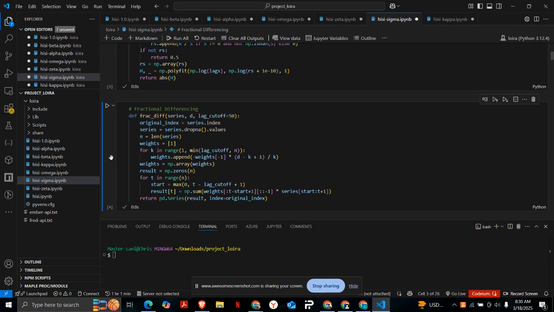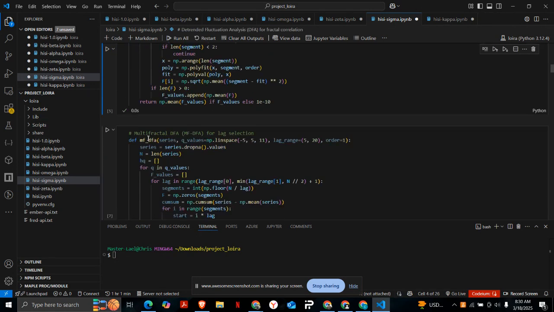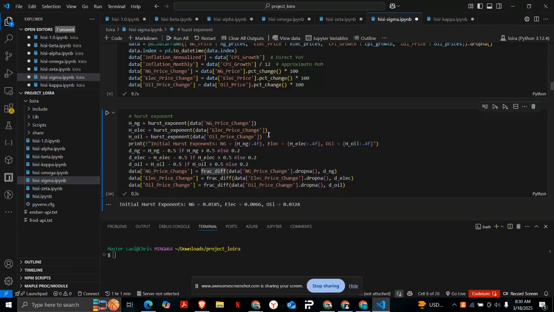But fractional differencing does this while also maintaining the long-term memory of the time series. Then I've already explained the purpose of DFA and MFDFA, which I'm using to select my lag values. So that is my importation of the data.